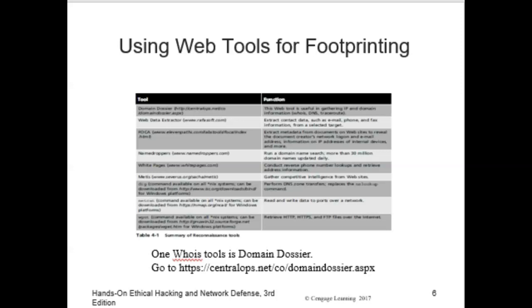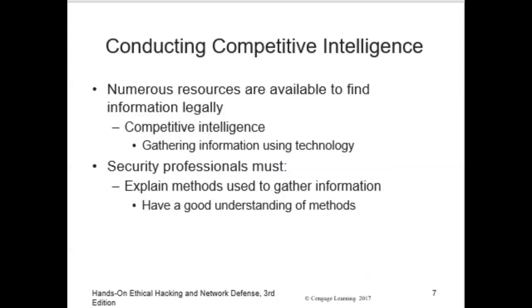You could also type in uona.edu for the University of North America. Find a lot of good and accurate information about the college, the university, the address, who's the president, and the domains, etc. A lot of good information. So use the Whois tool called the domain dossier.